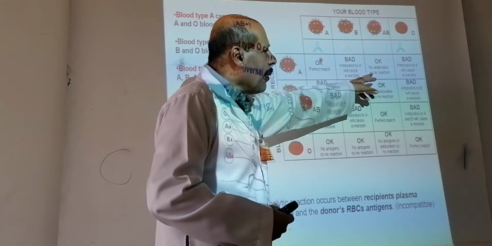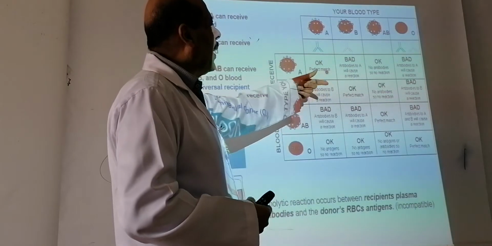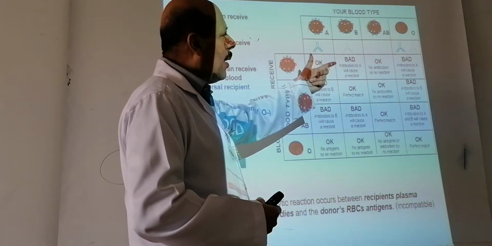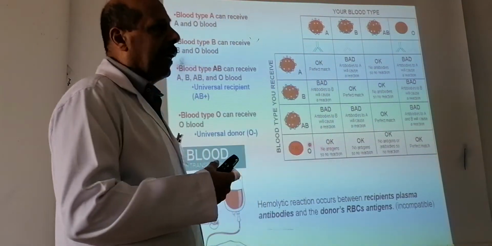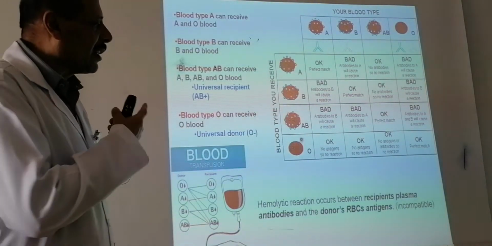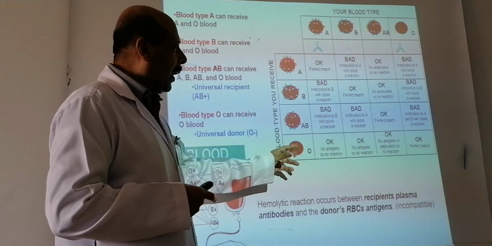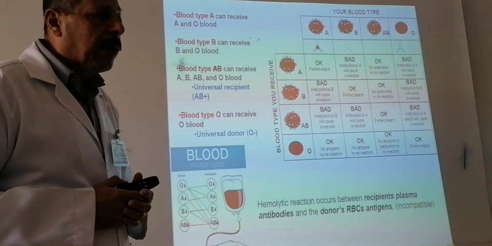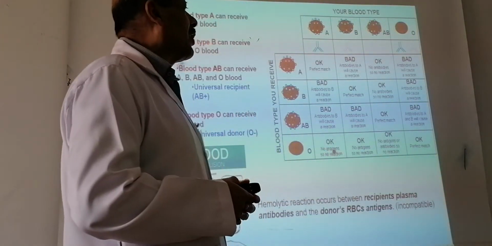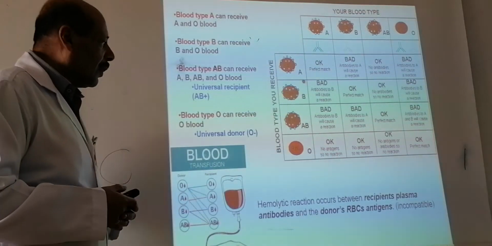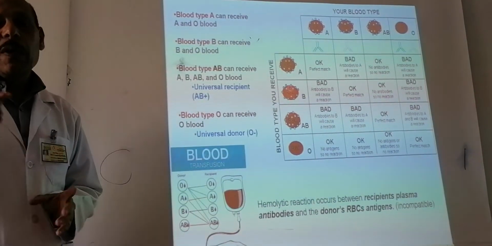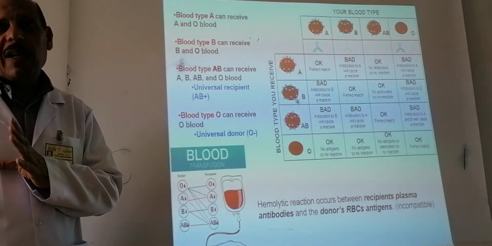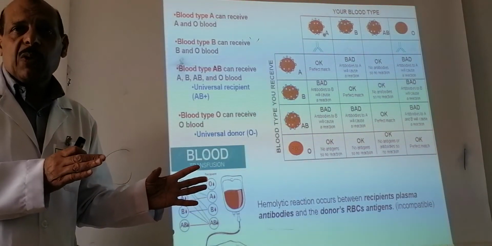AB can receive from A, from B, and from AB. So it depends upon the antibodies in the body. Did you understand the universal donor and universal recipient?